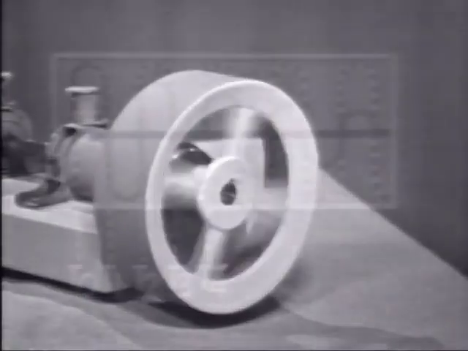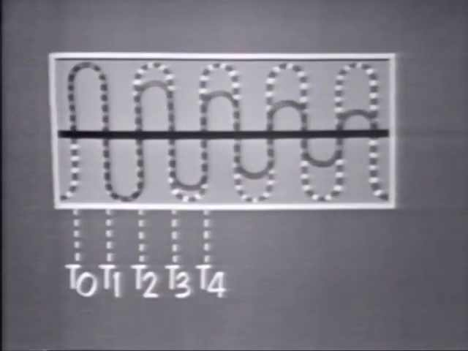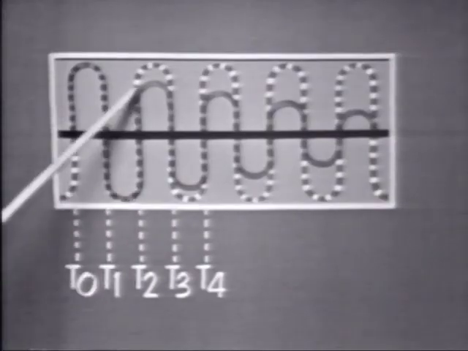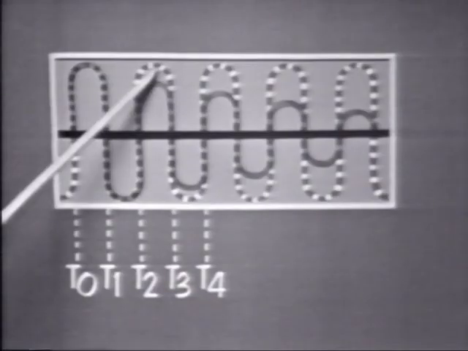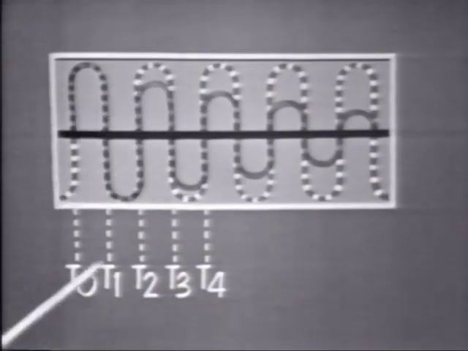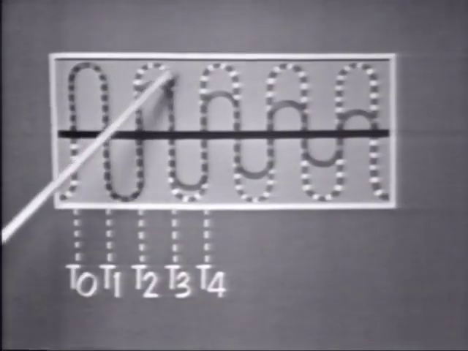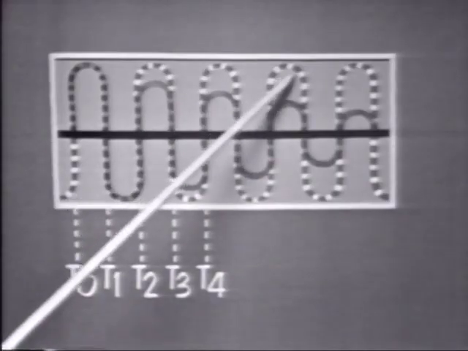For example, if a positive voltage were applied at time 2, the energy lost in the first cycle would be replaced and the amplitude brought up to the desired value. If energy were added every cycle, we could maintain constant amplitude.